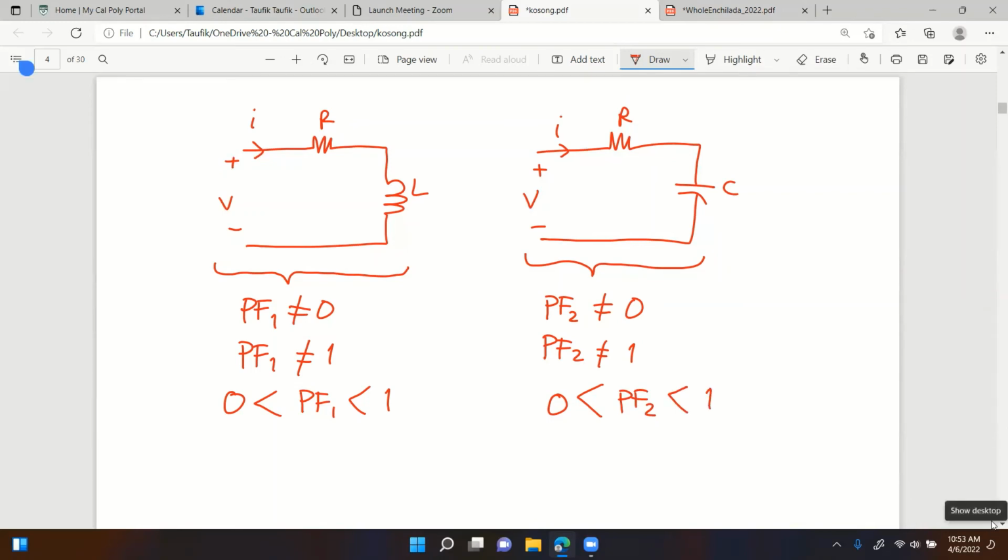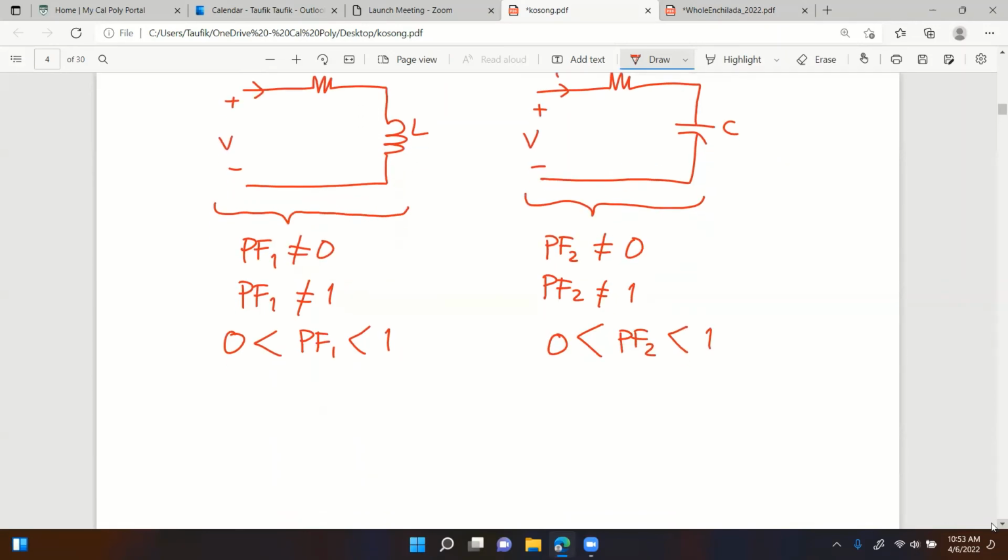You all agree with this? Right. Now, if that is the case, then how do you distinguish between a load that is inductive on the left, that's called inductive, right? Why is it called inductive? Because it has R and L. And why is it called capacitive on the right side? Well, because there's R and C, right?